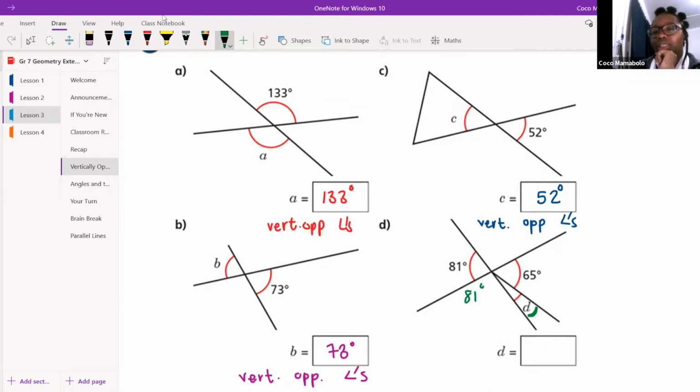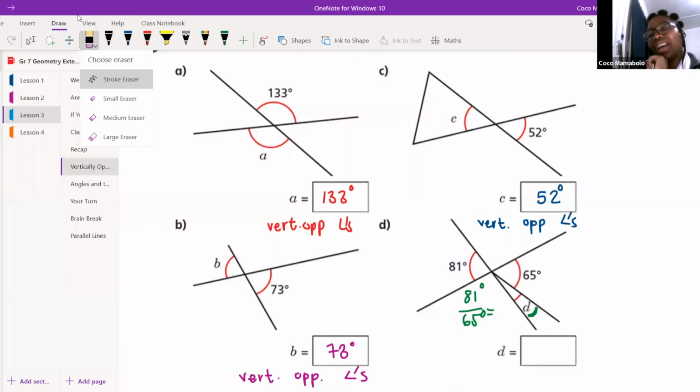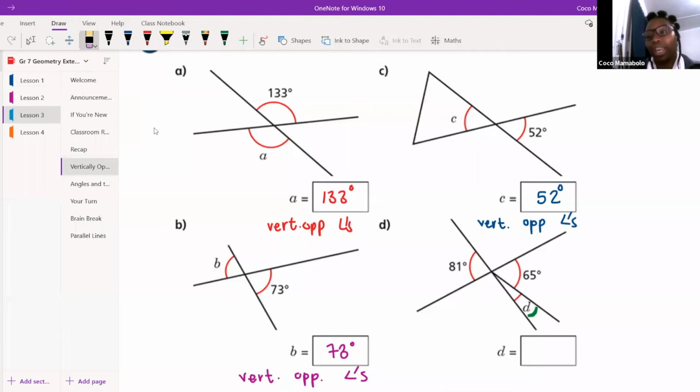Okay, 81 degrees divided by 65 degrees. I don't know what that's going to equal because that's a really hard sum. Did you maybe try it on a calculator and get an answer? No. Okay, that's fine. But I'll tell you what, if we divide, we're basically saying that 81 and 65 have something in common, but it's not something we have to divide by. I can tell you that much. But thanks so much for trying. I appreciate it.